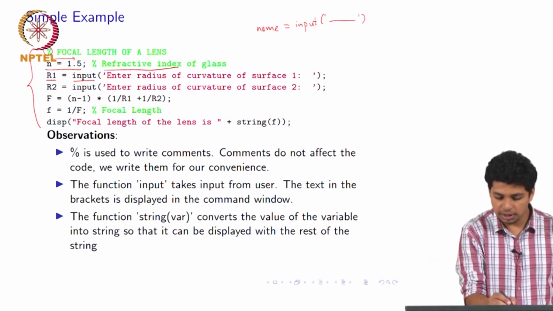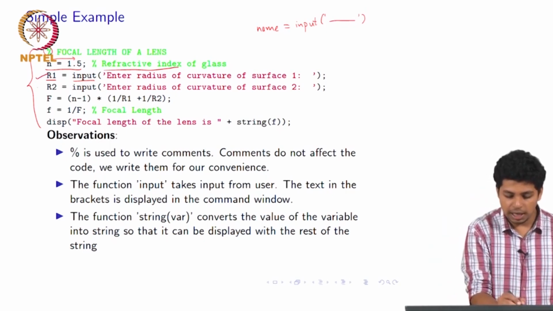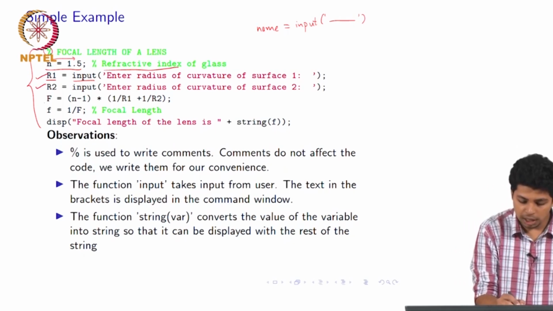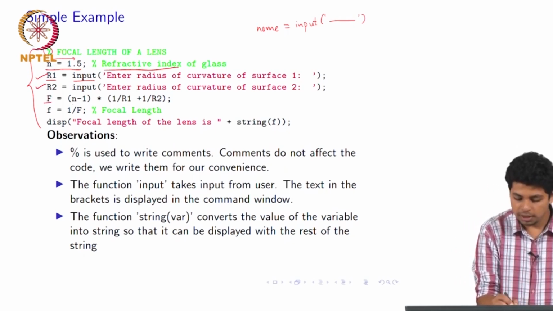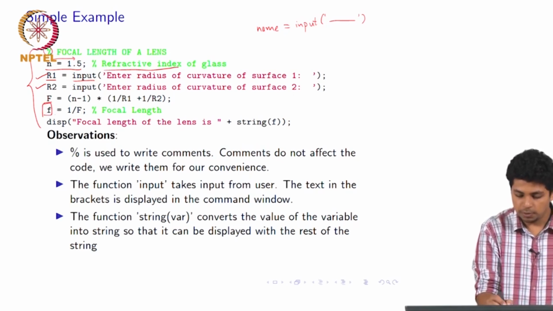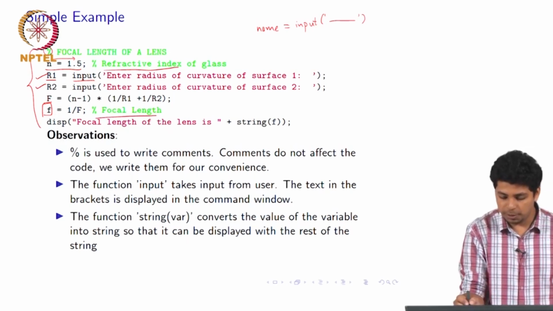That is what this statement is telling us. Then R2 is again the input for the second radius of curvature. Then I have used a buffer variable f, which calculates n minus 1 into 1 by r1 plus 1 by r2, and then I have used small f as my final answer, which will be 1 by f, which will give me the focal length, and then I have displayed it.